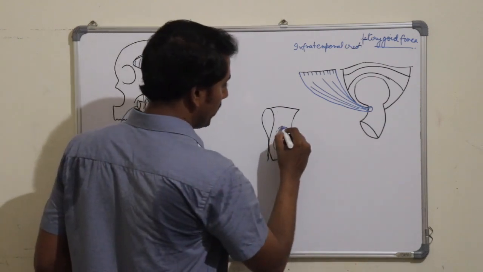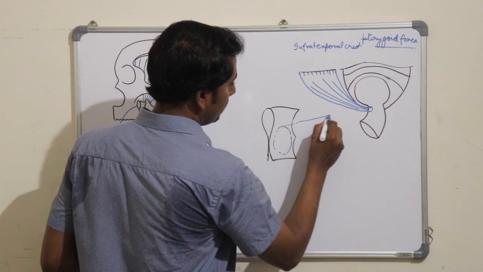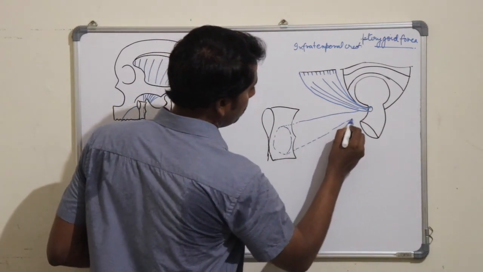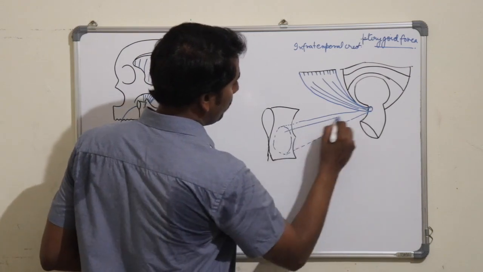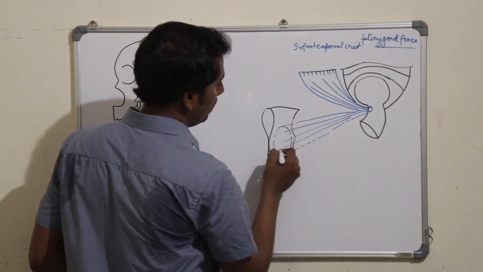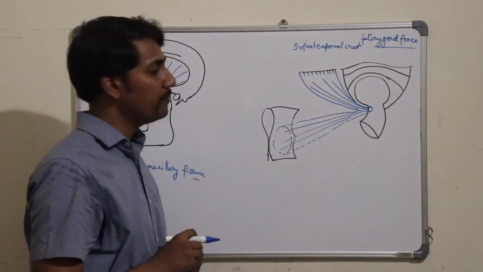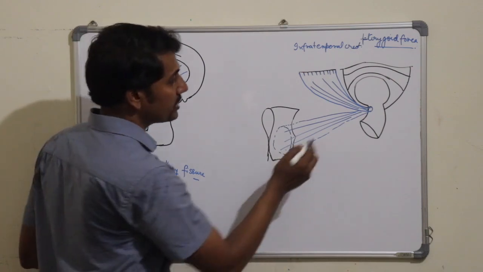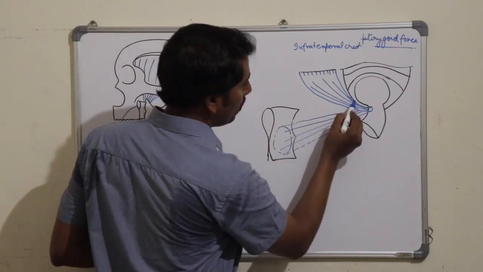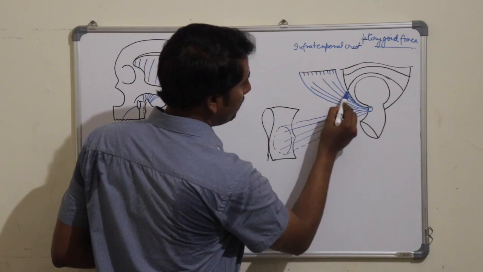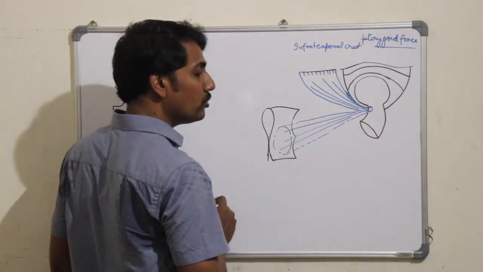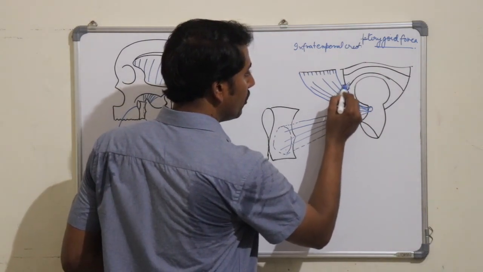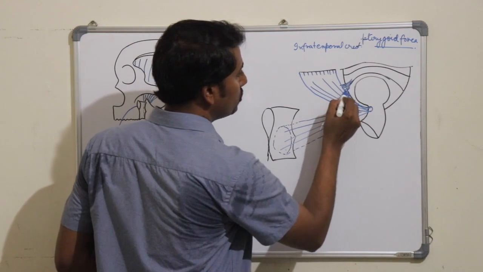So let us draw the lower head. We can see that the fibers of the lower head go backwards and upwards to get attached to the pterygoid fovea. So these were the fibers of the lower head. Some fibers of the lateral pterygoid muscle also get attached to the capsule of the temporomandibular joint, and through this capsule they also get attached to the articular disc of the temporomandibular joint.